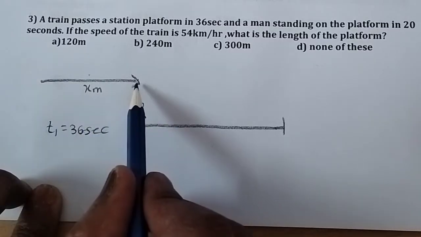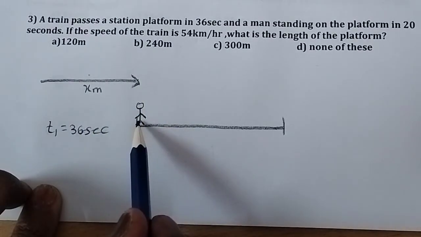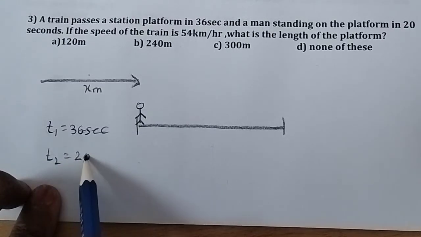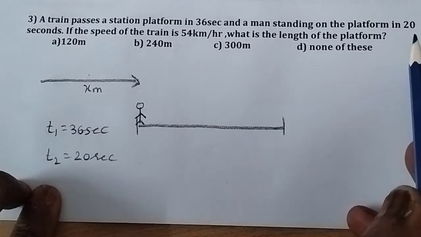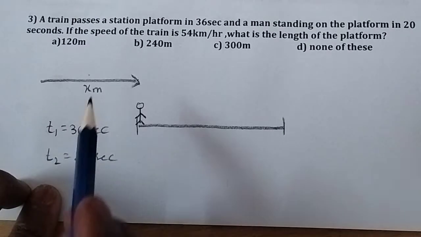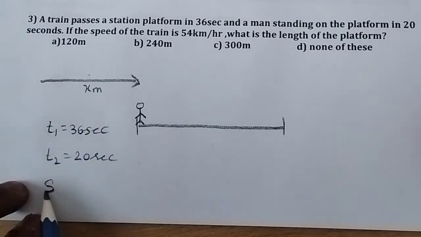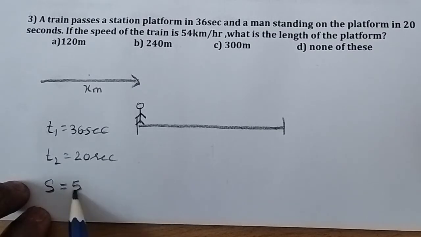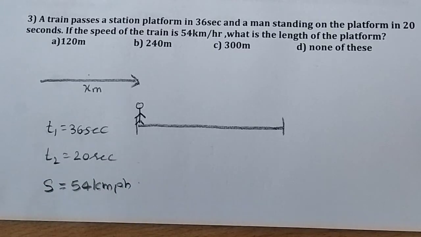So this entire train passes this person in 20 seconds. The speed of the train is given as 54 kilometers per hour.